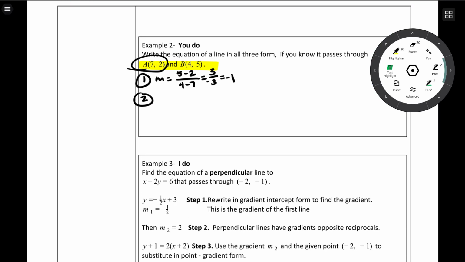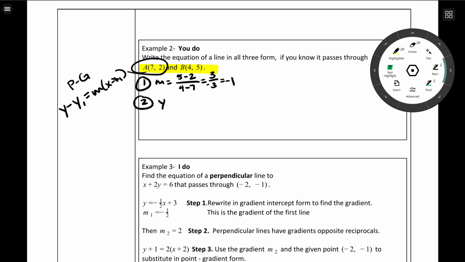I'm going to write that off to the side. Again, the more times I write it, the more comfortable I will be with it. So this is my point gradient form. And this makes sense because now I have a gradient and I have a point. That's 2 things that I need. So the point I'm going to use is this one, A, and that's going to plug in y minus 2 equals negative 1 for my gradient times x minus 7.